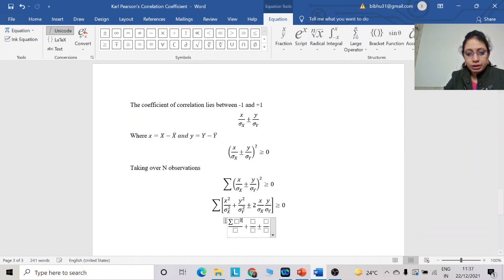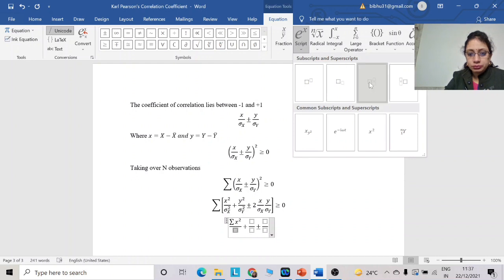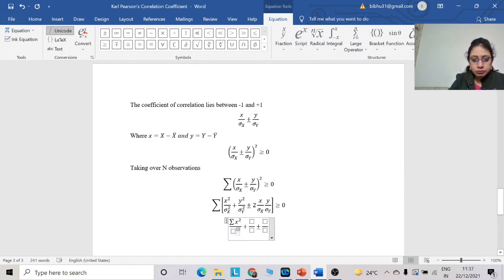So summation x square, this is, we know, the standard deviation of x square. So we are multiplying summation in each item.